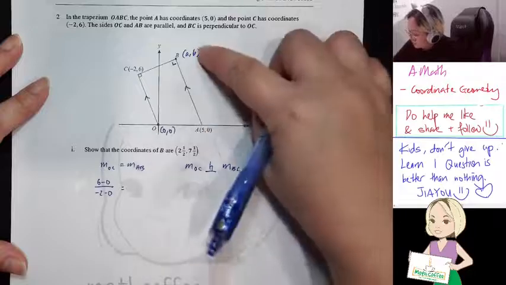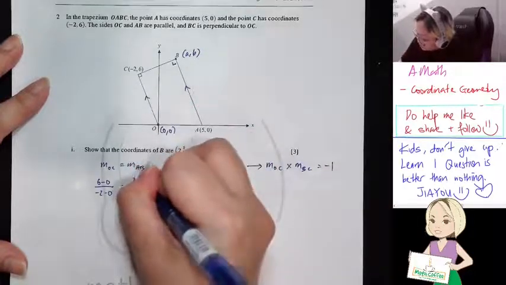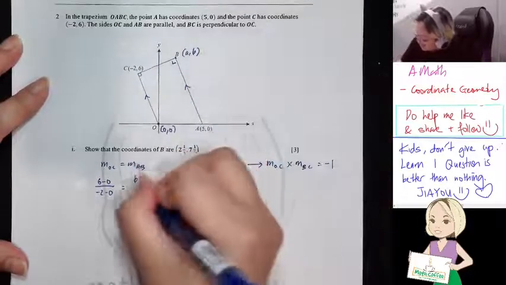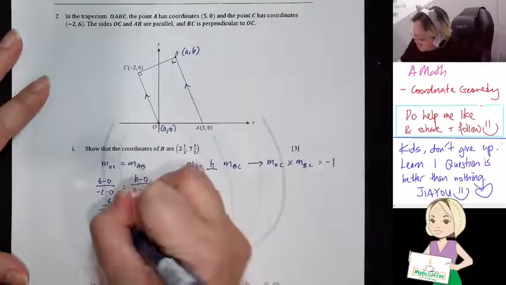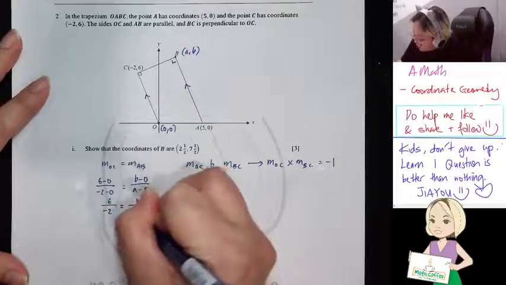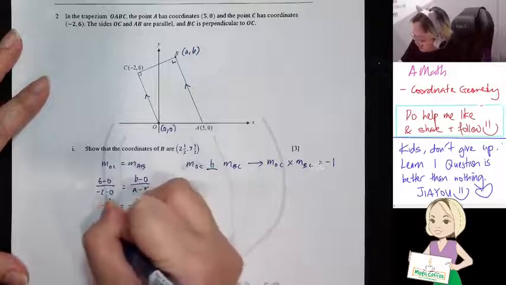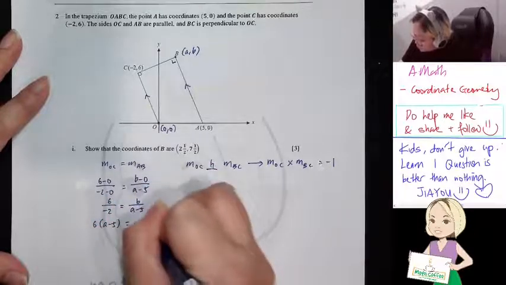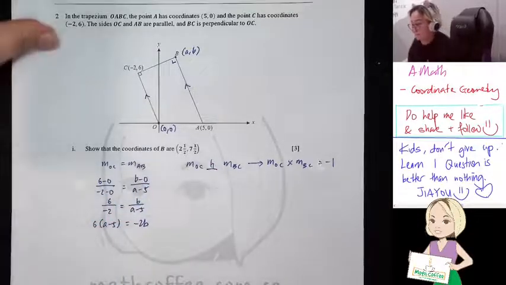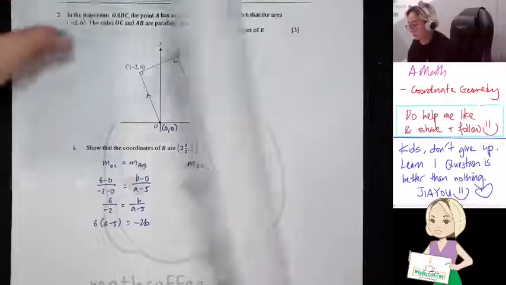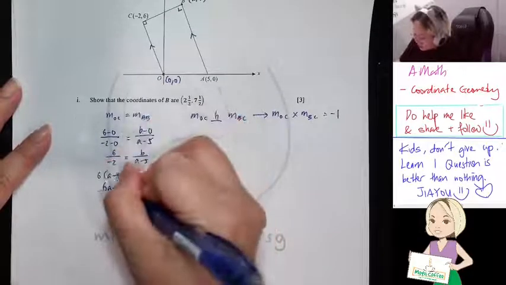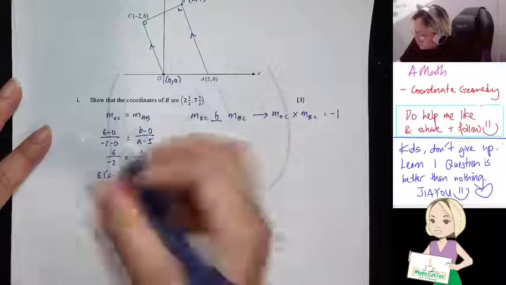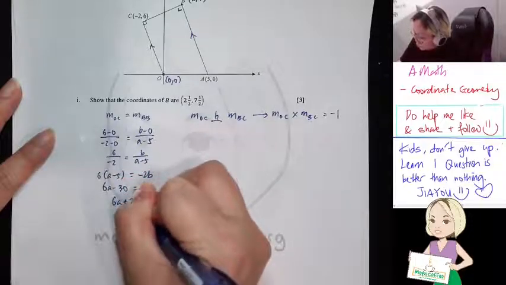AB is here, so it's B minus 0 over A minus 5. So it will be 6 over -2 equals to B over A minus 5. Cross multiply, 6(A minus 5) equals to minus 2B. So I have 6A minus 30 equals to minus 2B, 6A plus 2B equals to 30.